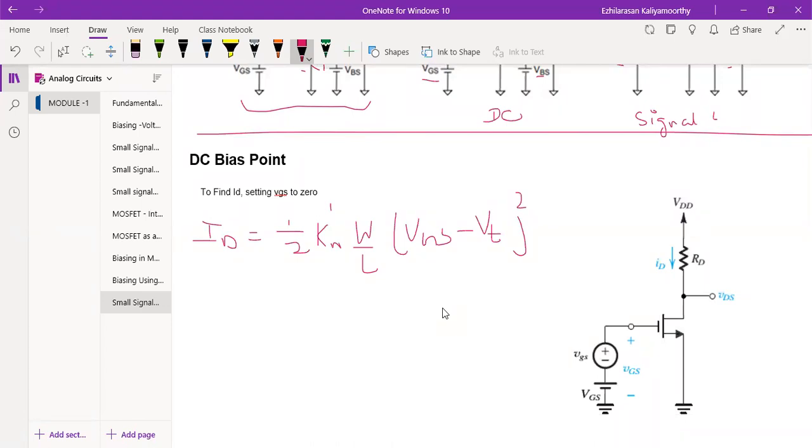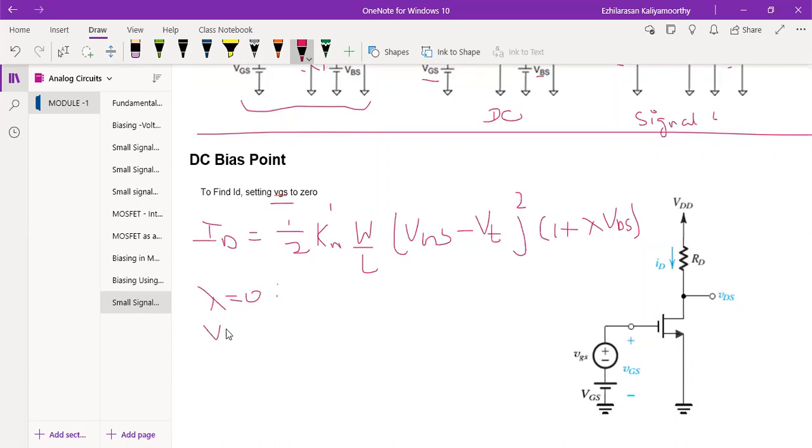This is the expression, right? Along with this we need to consider 1 plus lambda VDS. Now in this, you just neglect the channel length modulation, that is lambda is equal to 0.